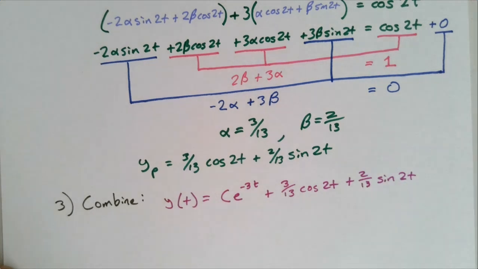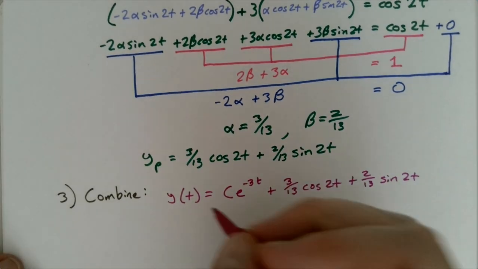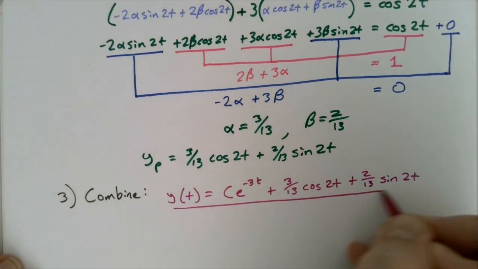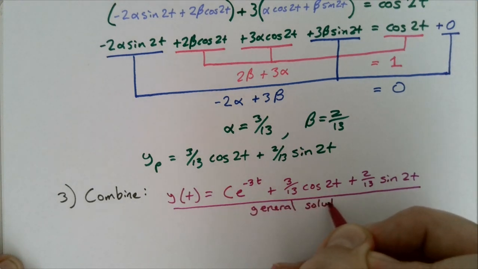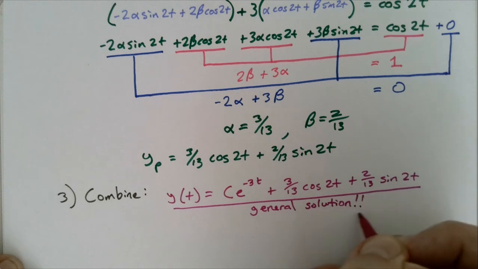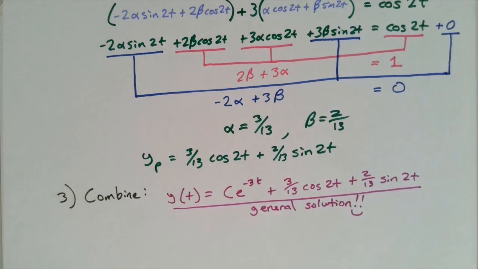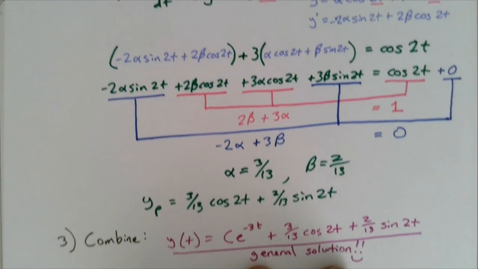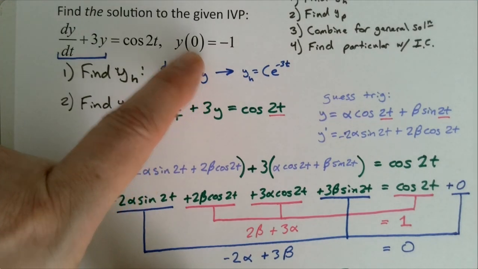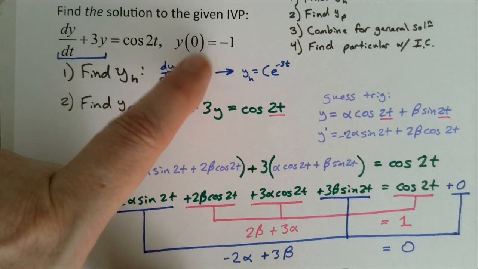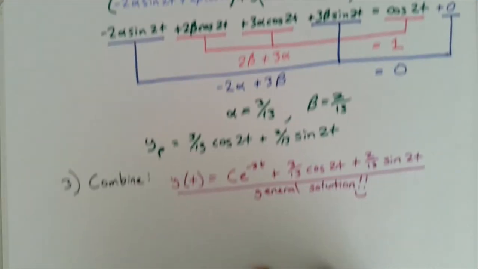This right here, that's my general solution. And normally we just say, hey, that's good enough, I'm all done. But because we were given an initial condition in the problem, it's implying we need to solve this IVP, which means we have to use that initial condition.